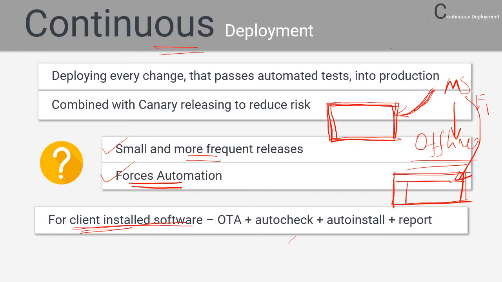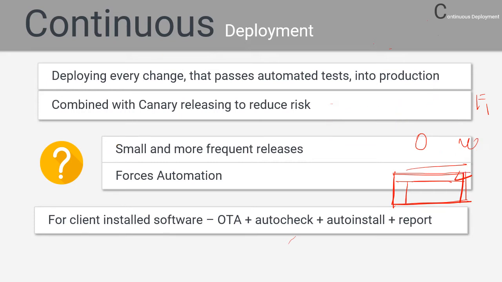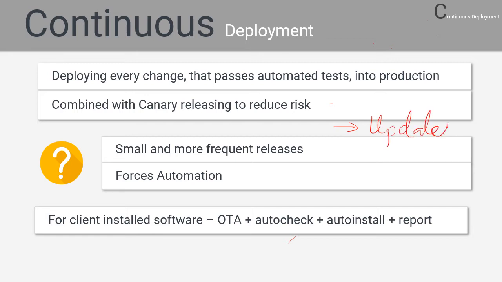So what is our workaround, or how can we ensure continuous deployment in the case of user client installed applications? There is only one way we can do it. That way is to provide updates through the internet, over the air, right?